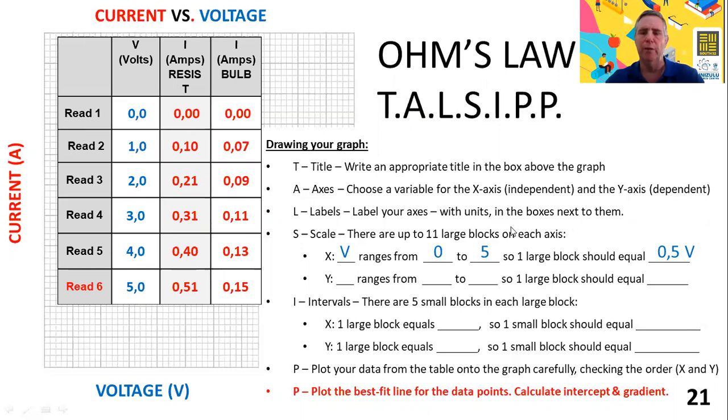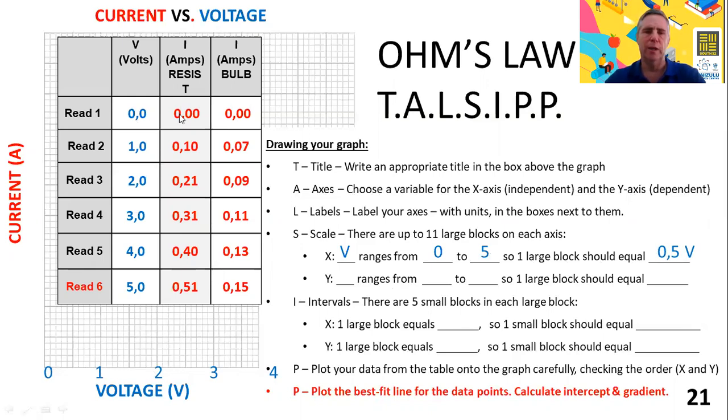Now we've got 11 blocks on each axis, so we can use 10 of them, and 5 divided by 10 is 0.5. So a big block is 0.5, 2 big blocks is 1. And so that's the scale for voltage.